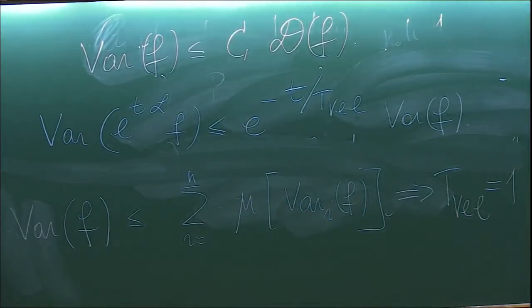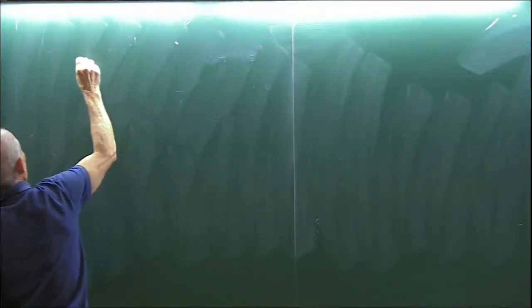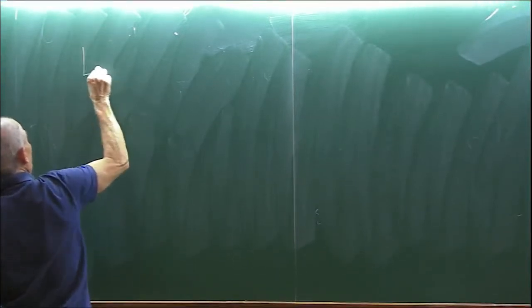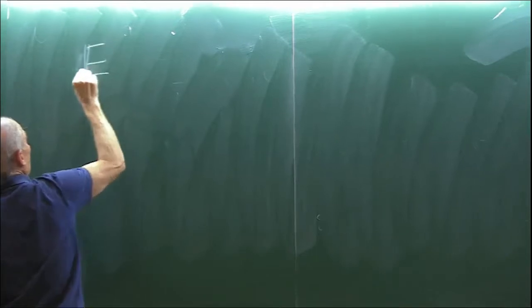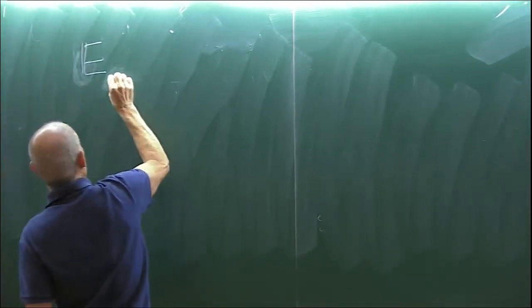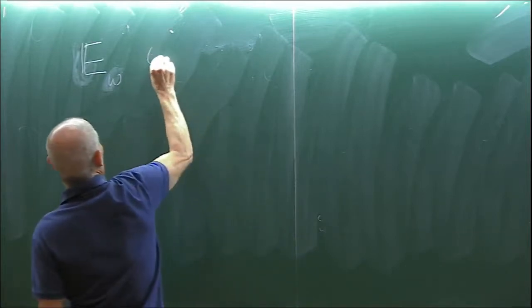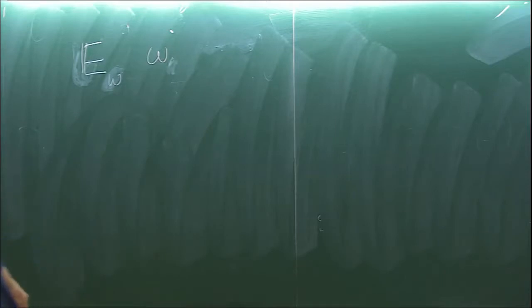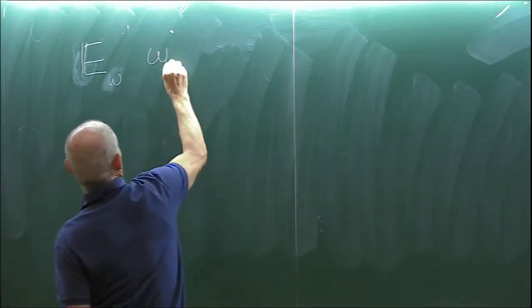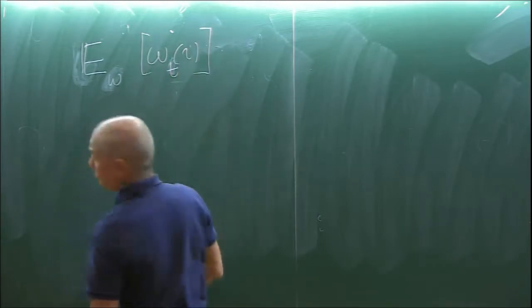So you can use this observation: compute the expectation, starting from some configuration omega, of the coordinate at time t, omega_i.